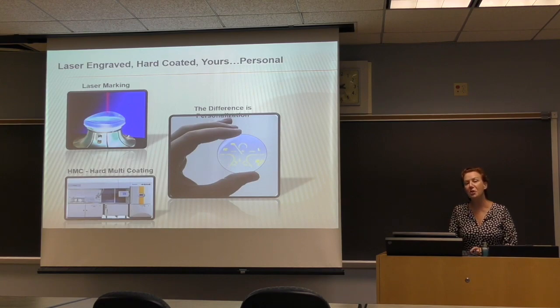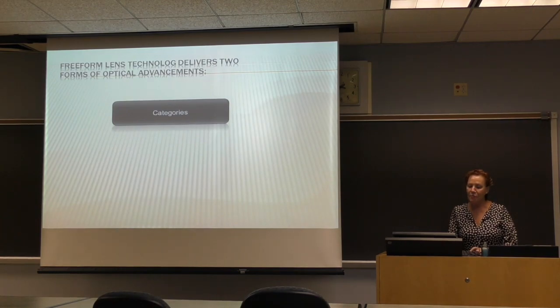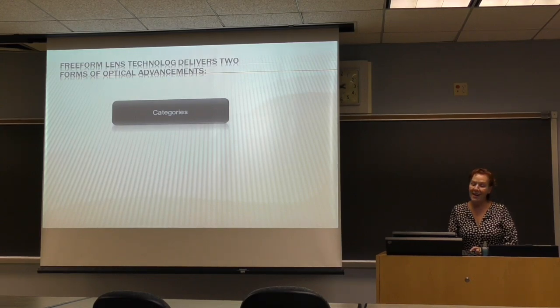And with the freeform generators, we can have laser markings and custom engravings. You could put your company logo on it if you wanted. So here's the conversation. Freeform technology is described in many different ways, but the truth of the matter is this.